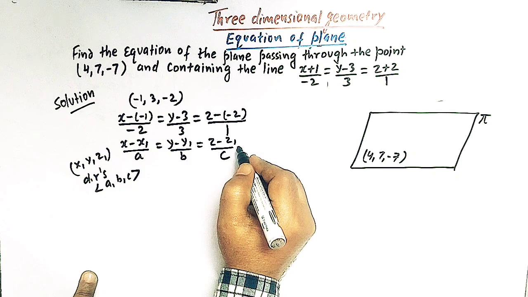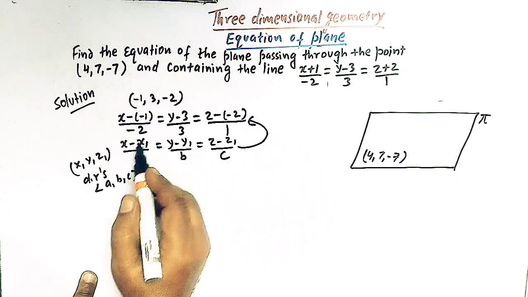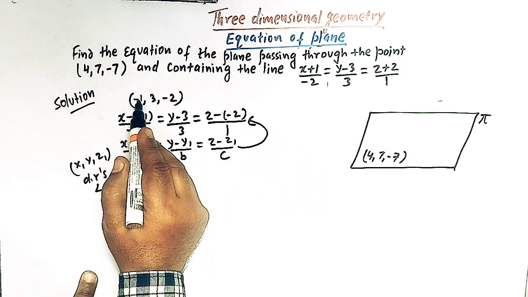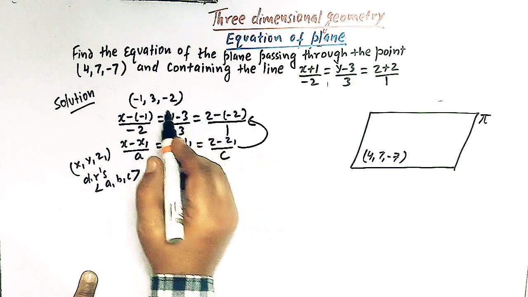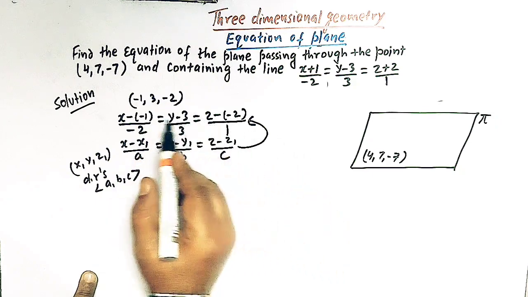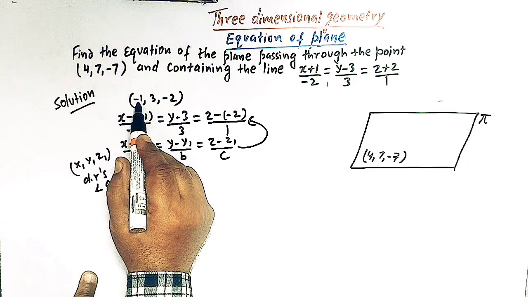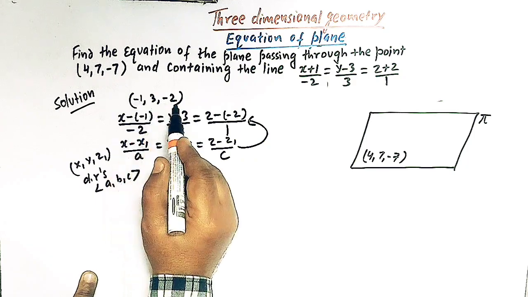So if we compare this line with this one, then x1 is minus 1, y1 is 3, and z1 is minus 2. So this line passes through this point, minus 1, 3, and minus 2.